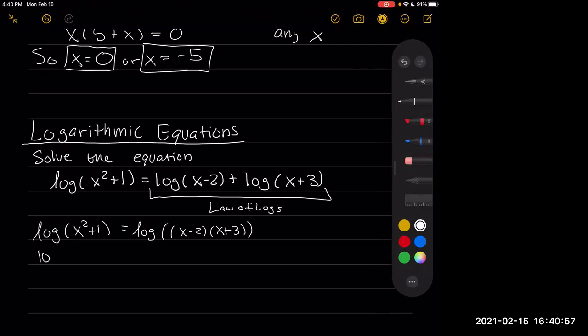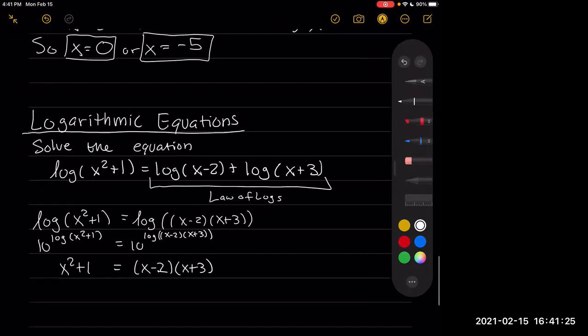And now we're going to raise each side by 10, because again, this is log base 10, because this is our common logarithm. So then we end up with x squared plus 1 equals (x minus 2)(x plus 3).